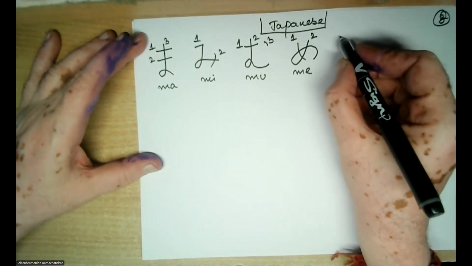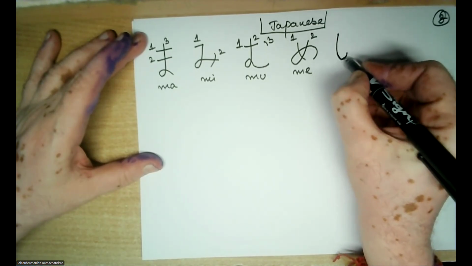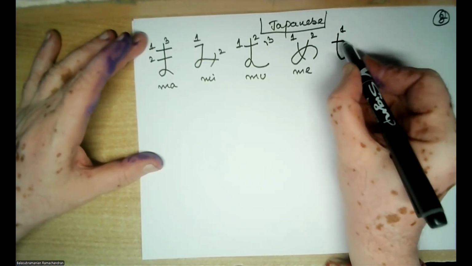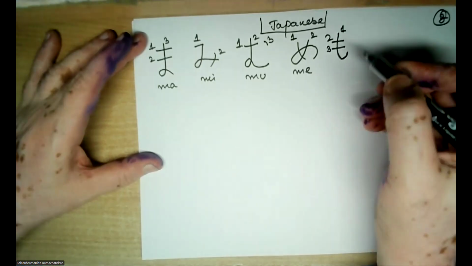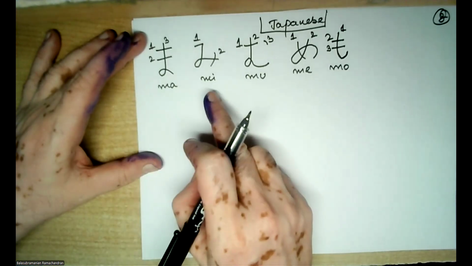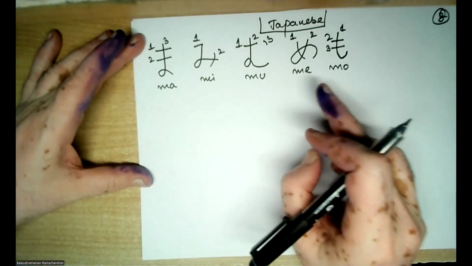Stroke one, you write a she, just like a she, and then you crisscross it. You cut this twice. Stroke two, stroke three. So there you have mo. Okay, ma, mi, mu, me, mo.